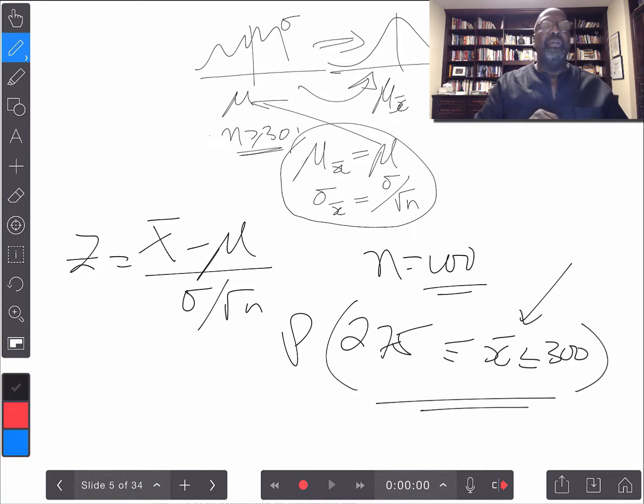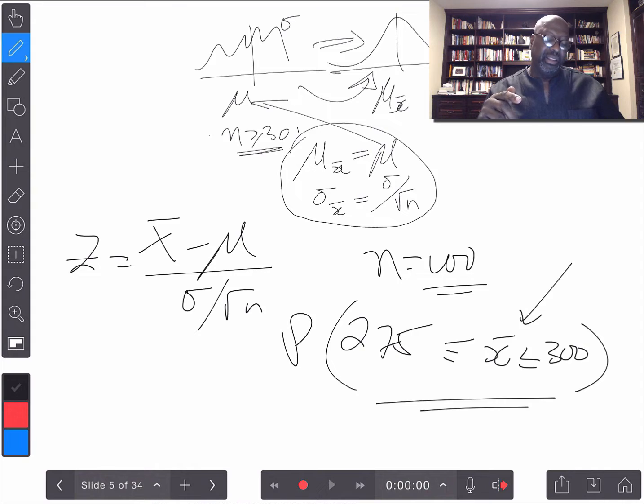Now that's different from saying if I pick a random student, what's the probability that that one student spends between 275 and 300? Okay? But if I take a random sample of 100 students and I average the expenditures, what is the probability that the average expenditure for the 100 students is between $275 and $300?